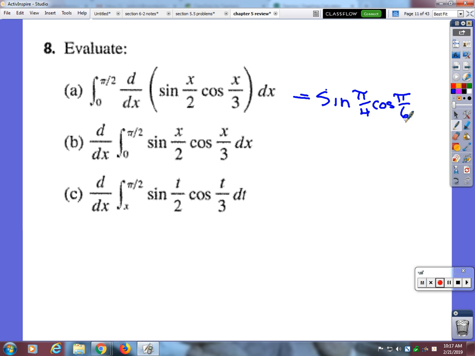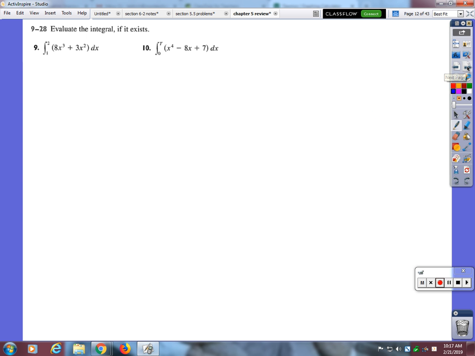And if there's a variable on the bottom, what does that affect? Sine of x over 2, cosine of x over 3. Derivatives and antiderivatives are inverses of each other. And then the rest of it is just taking antiderivatives, which we spent days and days going over, so I'm sure you'll be fine.